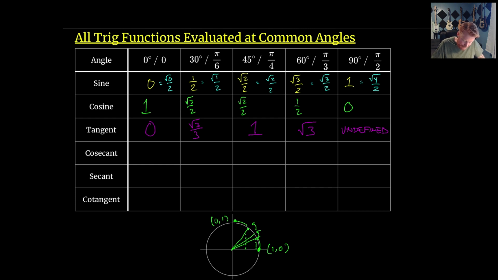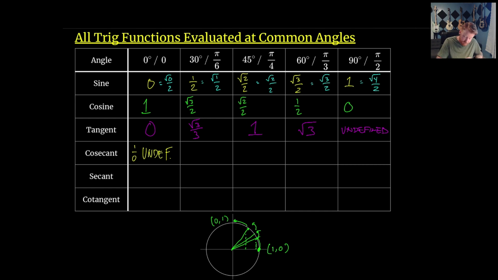Okay, let's take a look at the cosecant, the secant, and the cotangent, and we're just going to be looking at reciprocals here. If I want the cosecant, that is going to be 1 over the sine, which is 1 over 0. Uh-oh, we're undefined again. So undefined, we'll just put in the shorthand there, undef, because we would attempt to divide by 0 there.